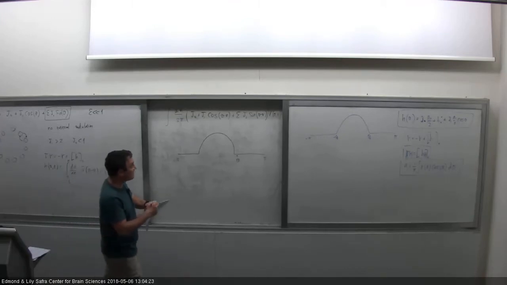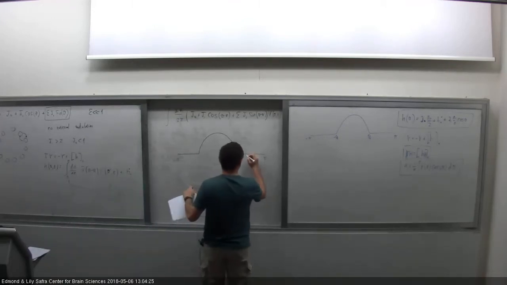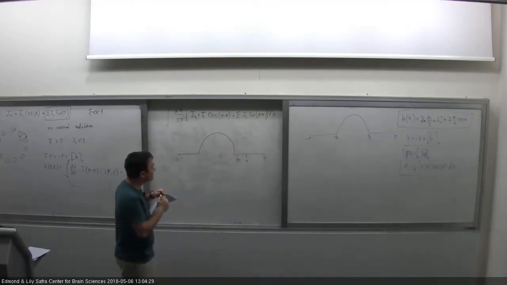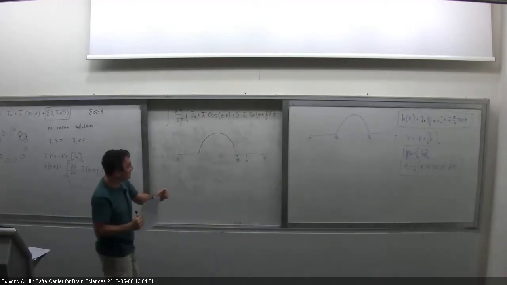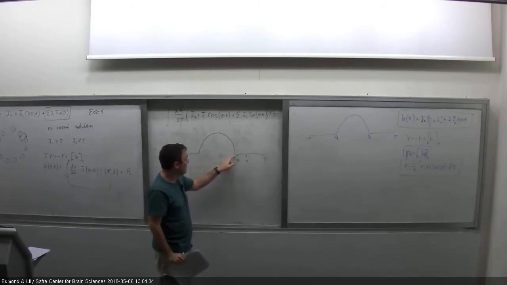So let's look at the neuron here. Let's say that theta prime is here. How will activity here affect the state of this neuron?